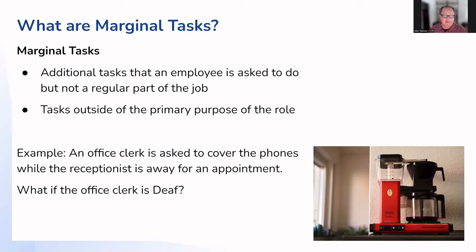It's possible that if it's not a high volume phone answering situation, an accommodation for that phone could be made, a relay service or something similar, and it might be perfectly sufficient. And this employee could do this marginal task. However, the employee could ask for this marginal task to be eliminated from their job, and that could be considered a reasonable accommodation.